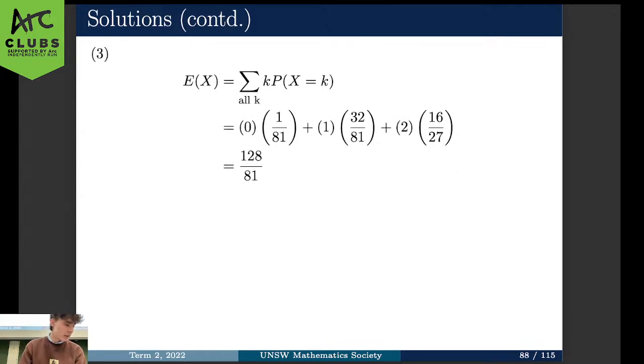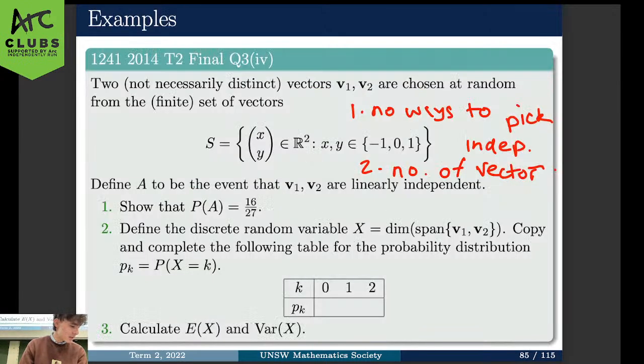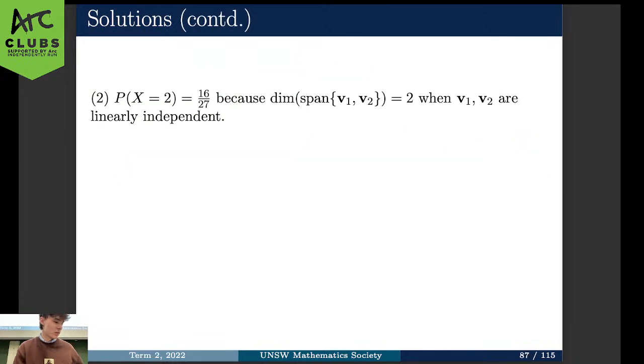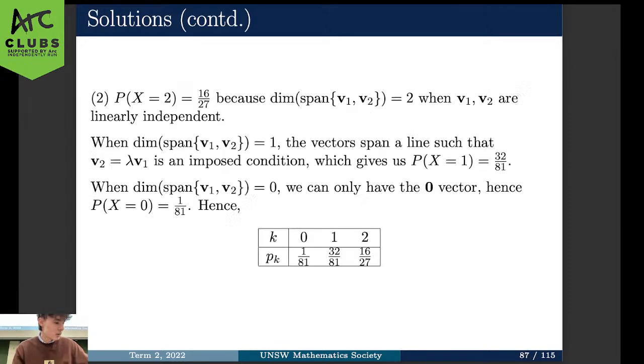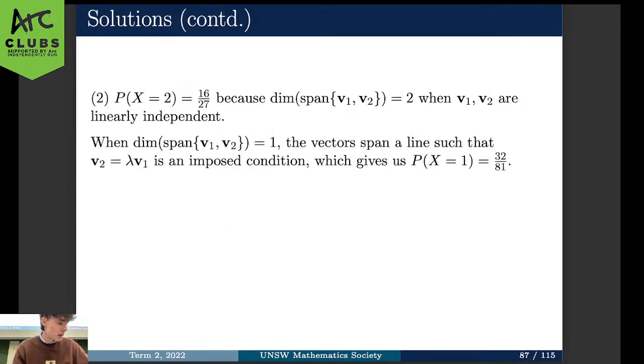And now, the last part of the question is probably the easiest part, which is to find the expected value and the variance. So remember our definition of expected value. That was just the sum over all k of k multiplied by the probability of x equaling k. Just expanding that sum out, we should get 128 over 81. Now, the second part was to find the variance.